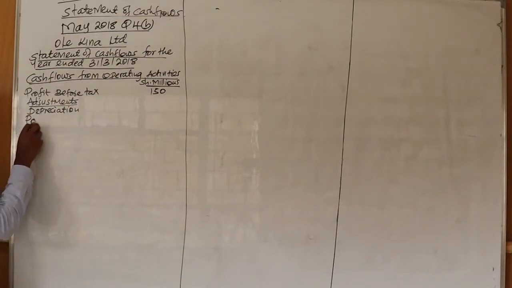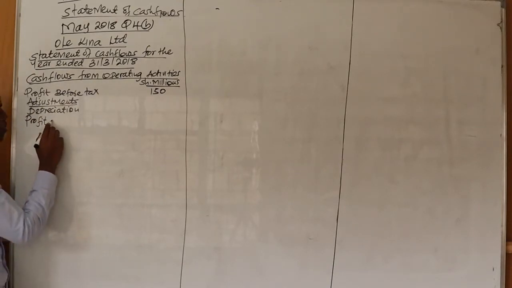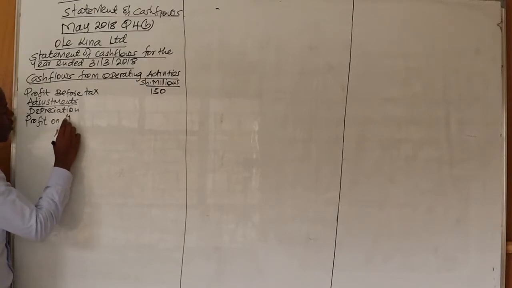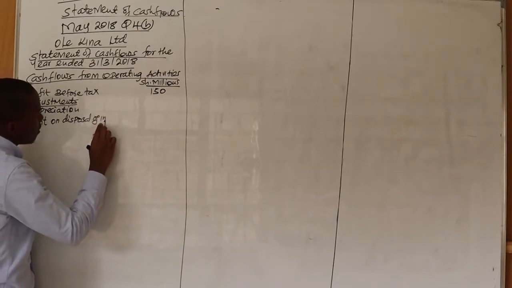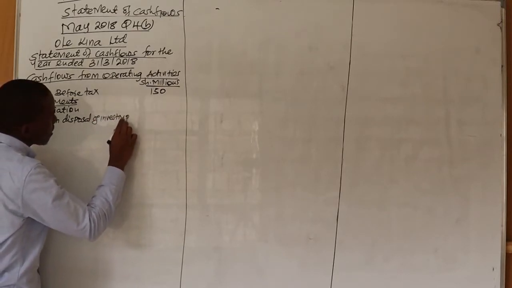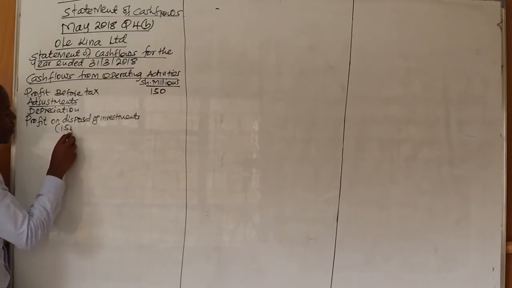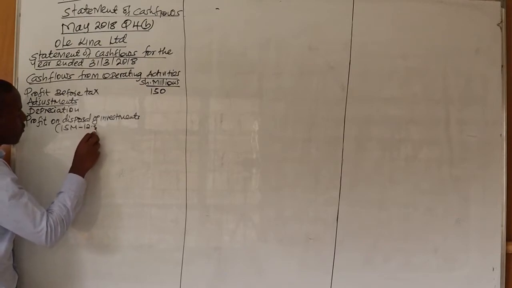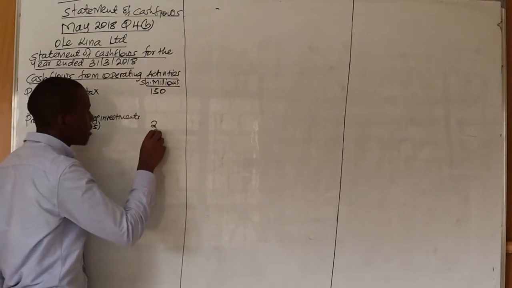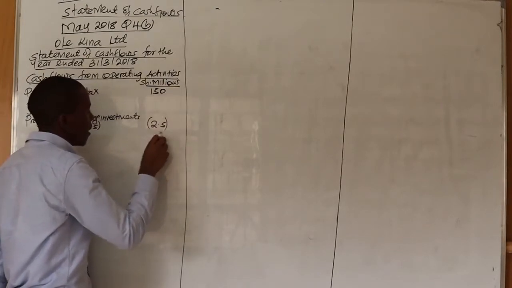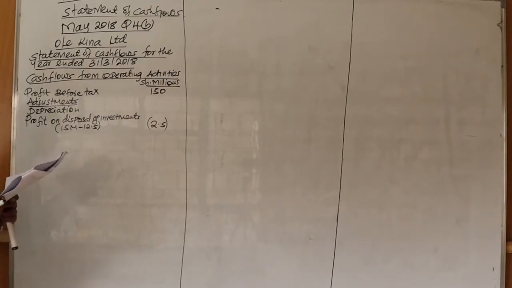Meaning, in this case, it was disposed of at a profit. So we have the profit on disposal of investments, which in this case is how much? It will just be 15 million less the 12.5 million, which in this case is just 2.5. And therefore, remember, for the profit, in that case, we are able to deduct it.